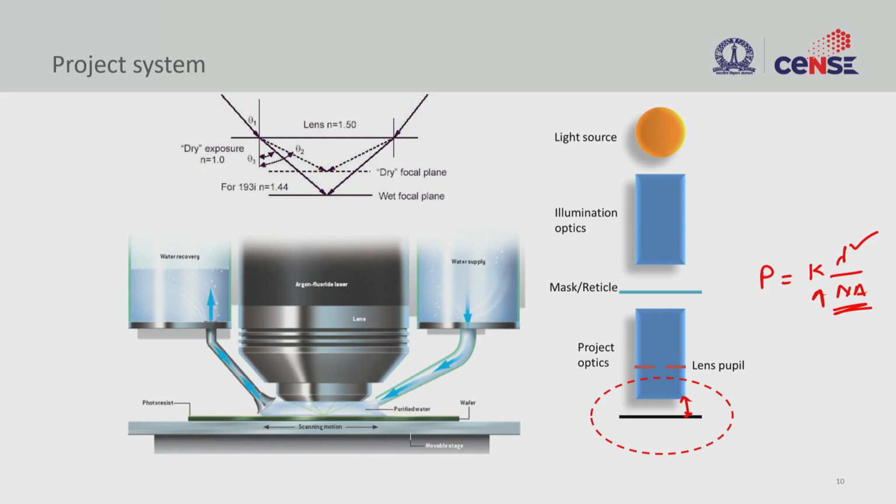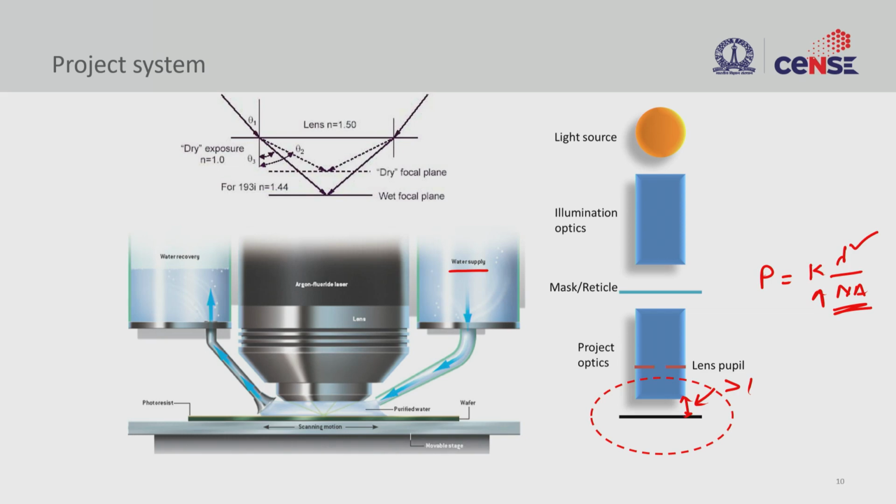In order to increase the NA, you have to decrease or remove the air from this and then put a material that has refractive index greater than 1. The only way to do that is either you put a liquid, water in this case, or you use some sort of oil. When you put this immersion fluid, water or oil, your imaging is going to be better. For people who are aware of microscopy, this is immersion imaging.